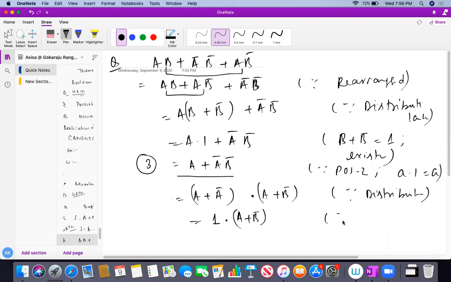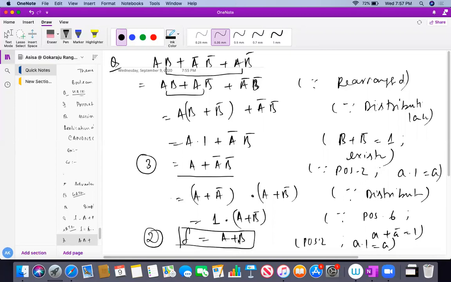Here I have used existence of complement again, postulate number 6, A or A bar is 1. Then A or B bar. Here postulate number 2 again, A and 1 is A. So here you see I have reduced it to 2 literals.